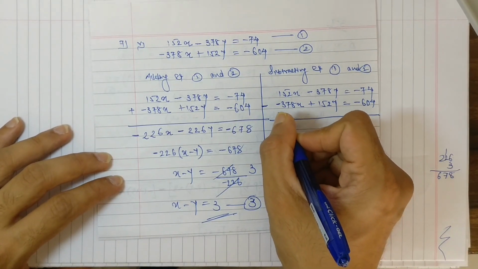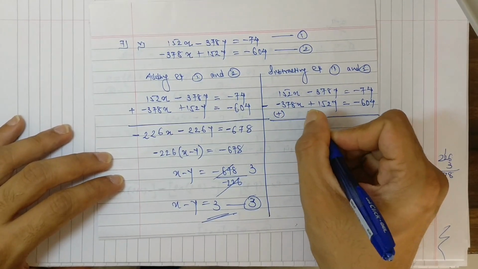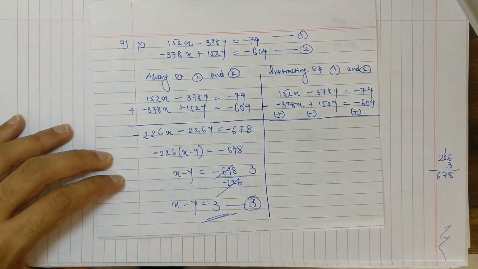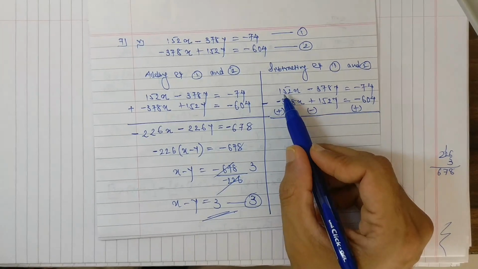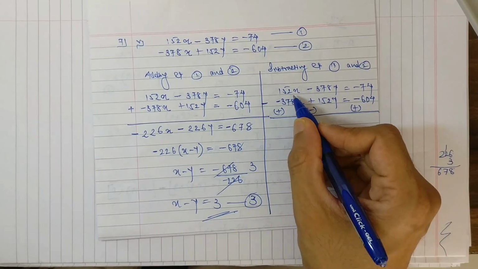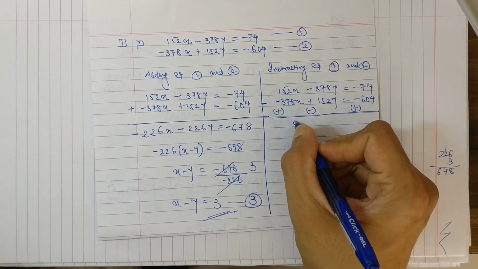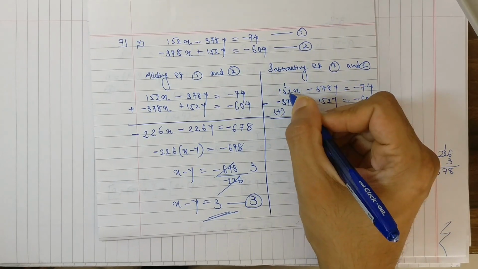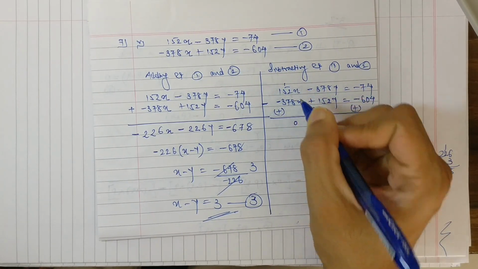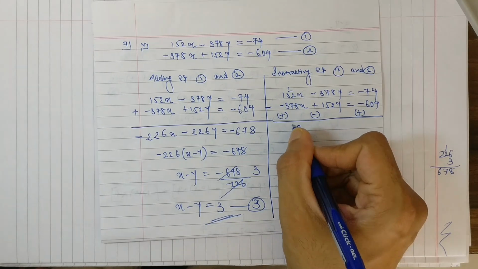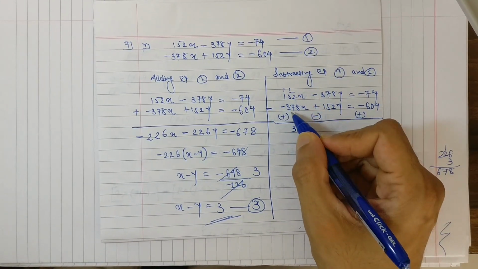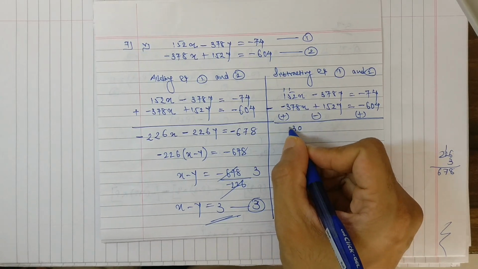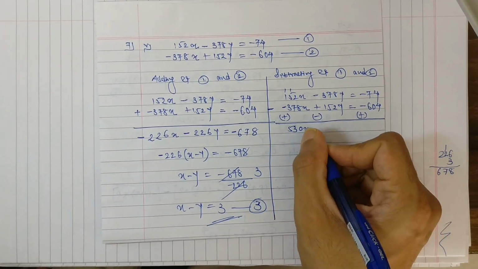This will be plus, this will be minus, this will be plus. So 152 plus 378. 8 plus 2, 10. 5 plus 1, 6 plus 7, 13. 1 plus 1, 2 plus 3, 5. 530x.